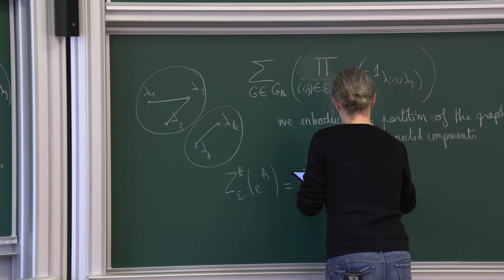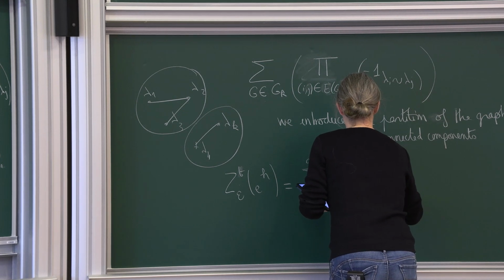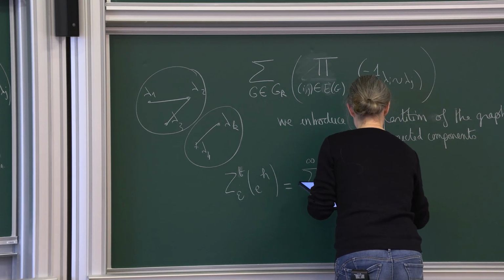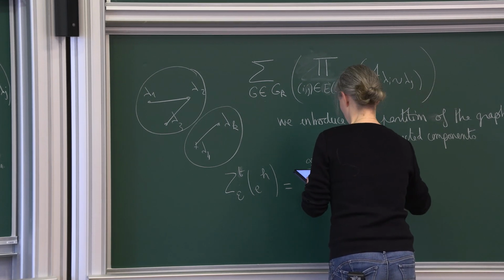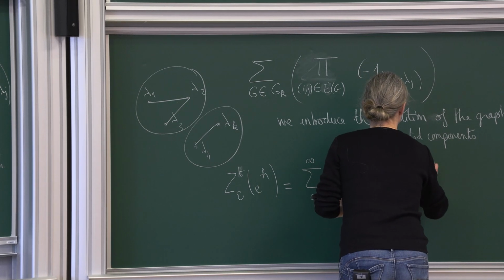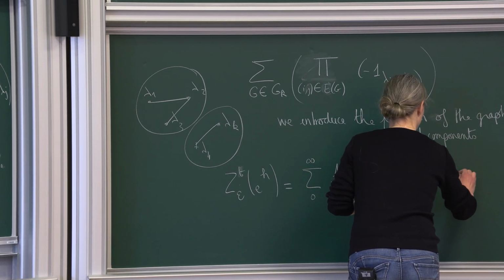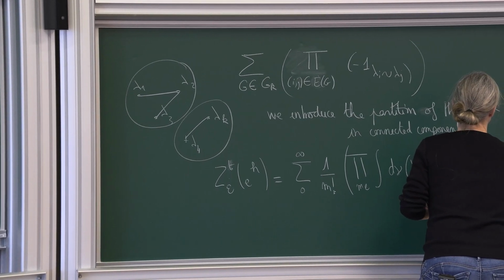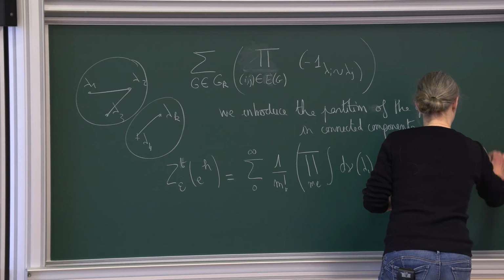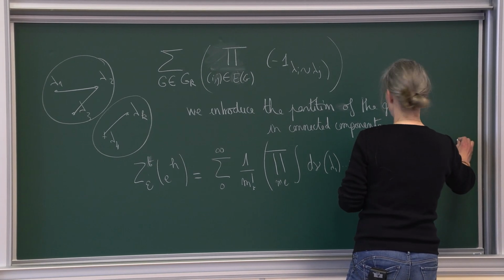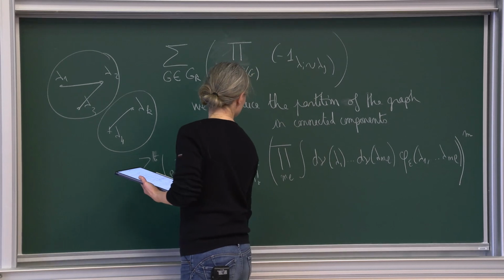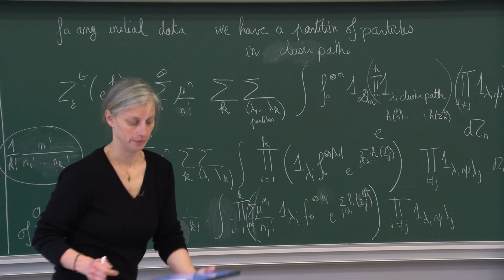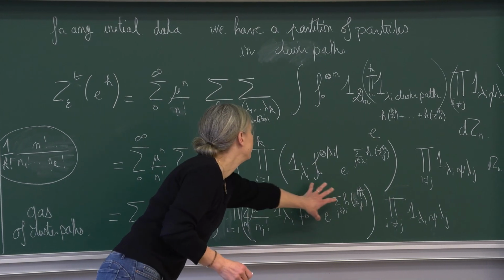And then you have the product, so the notations are just horrible, but okay. I will have the integral of d nu of lambda 1, d nu of lambda m_l, the phi epsilon of lambda 1, lambda m_l, to the power m. I will explain where they come from, but the d nu is this measure here. So this guy here is the nu.